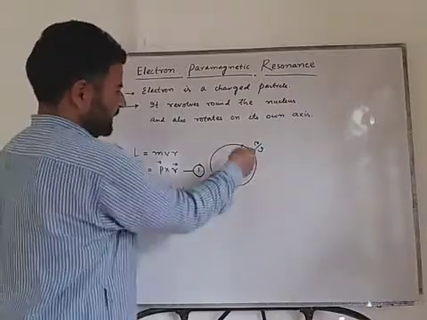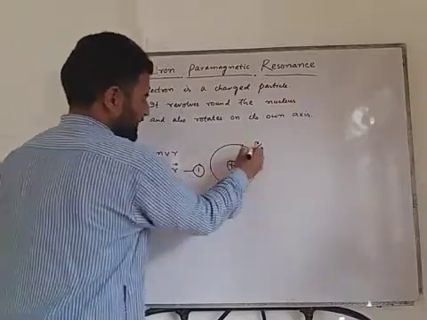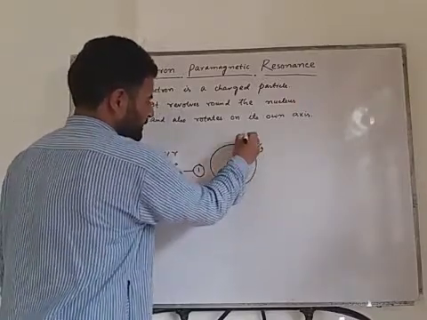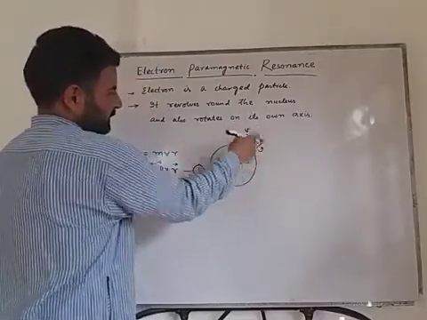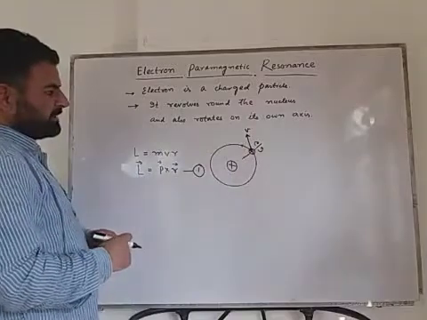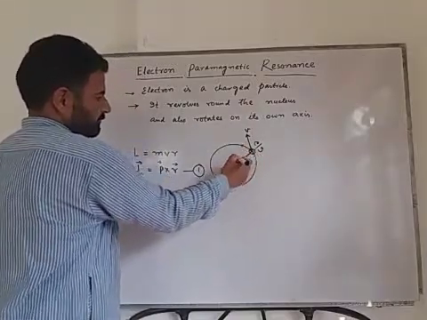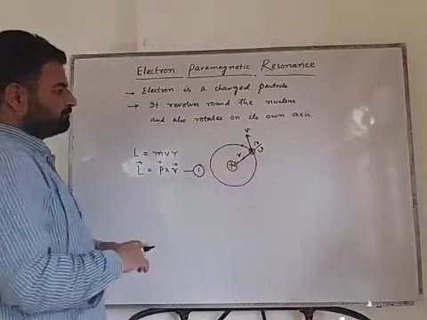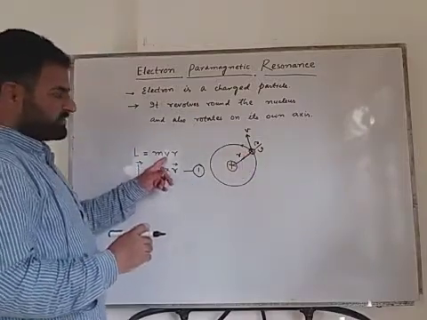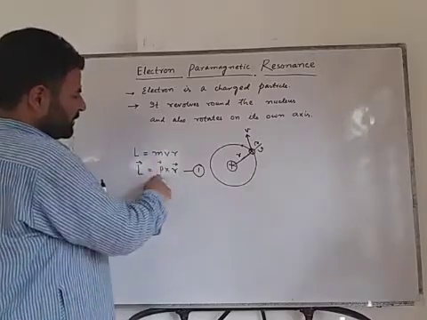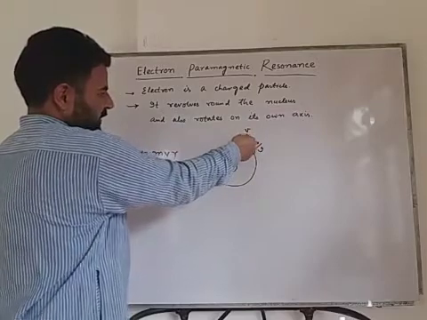For example, if this electron moves in the anti-clockwise direction, that means the velocity vector will be in this direction, tangential to this circular orbit, and r will be towards the center. This will be the r vector. Since linear momentum depends on velocity, for p cross r we have to move from v to r.